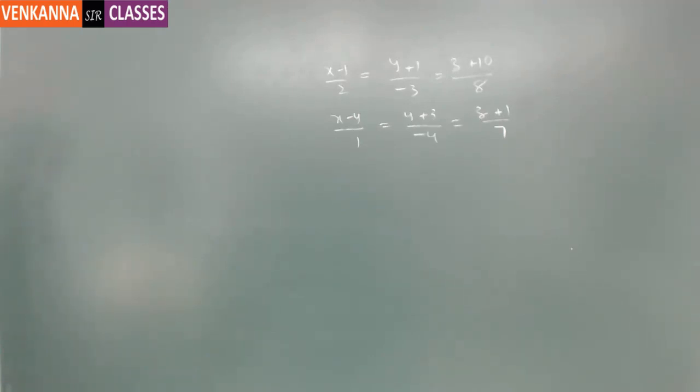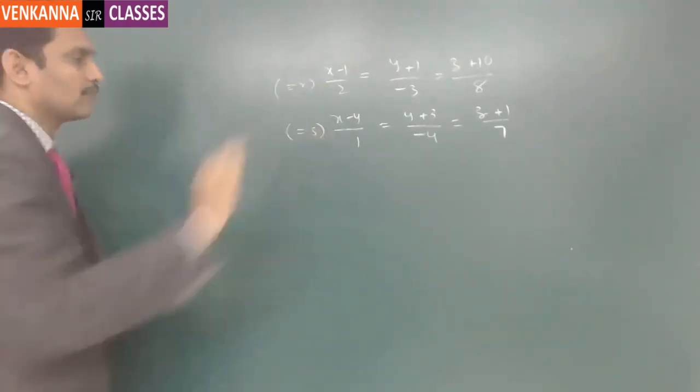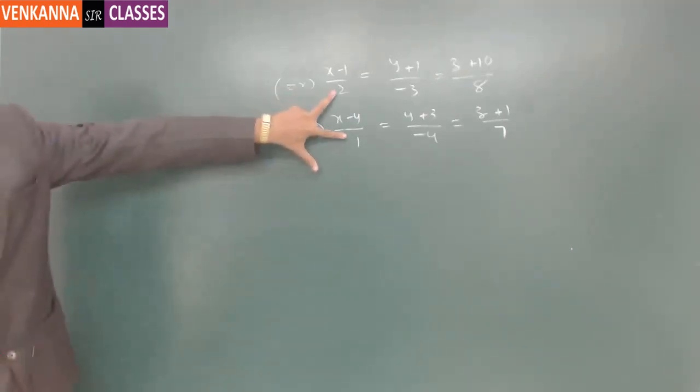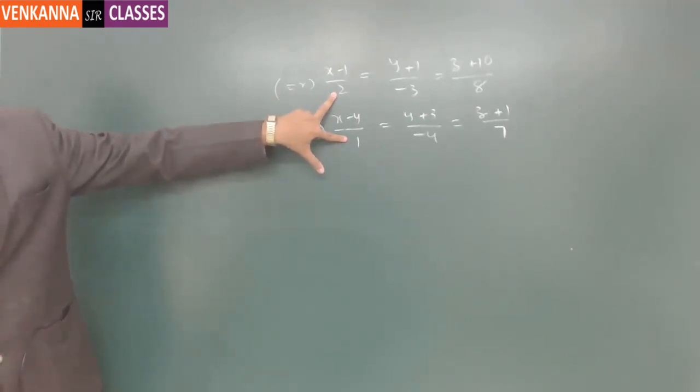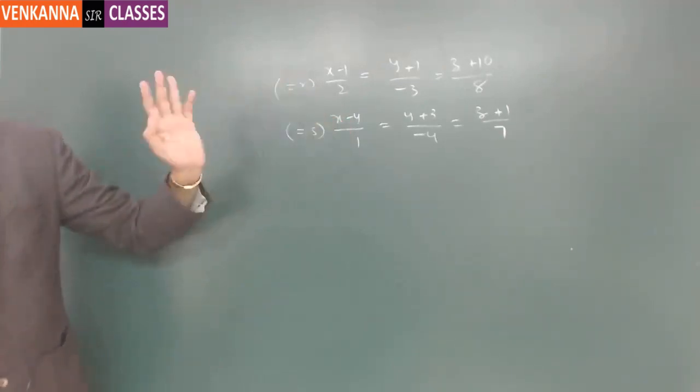Right. So let us write the parametric form. Whenever the two line equations are given to us, immediately we check for two things. First, whether the DRs are parallel or not. It means A1 by A2 is equal to B1 by B2 is equal to C1 by C2. If it is so, we are able to find a plane containing them.